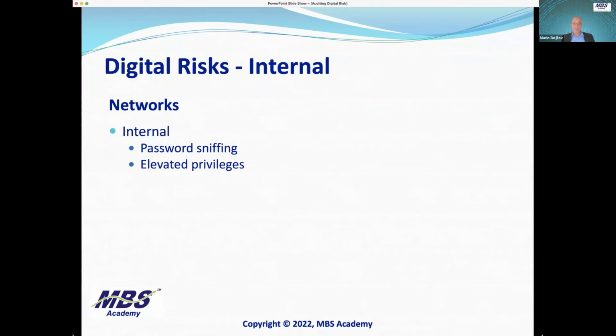Elevated privileges. Basically, everybody needs to be able to access only the part of the network and the systems that they need for their work. That's usually not the case. There is a number of reasons for that. Usually it's inefficient HR procedures when a person moves from one job to another job. In an ideal world, all of their privileges associated with the previous jobs will be removed, and the privileges associated with the new job will be assigned to them.